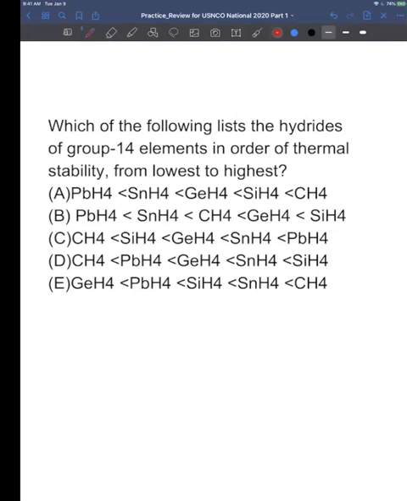Because it's the 1s electron overlapping with the np electron. Maybe I should say the sp3 hybridized orbital, right? So the orbital is getting bigger, so the overlap is getting weaker down the group. So this is why it's easier to decompose. Make sense?